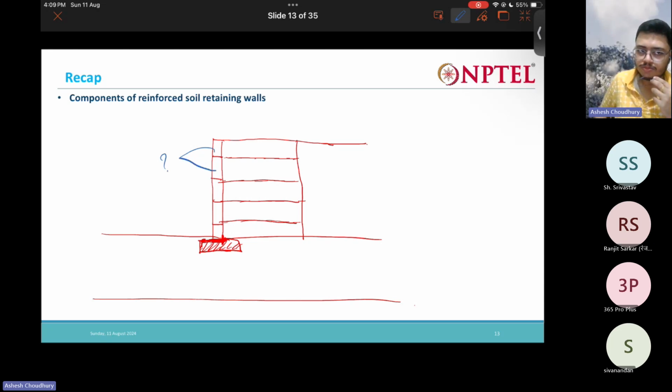Facing panels. Yeah, facing panels, or say blocks of facing panels. Now, what is this? Reinforcement. Then what is this whole part called? This whole region, what is this called?